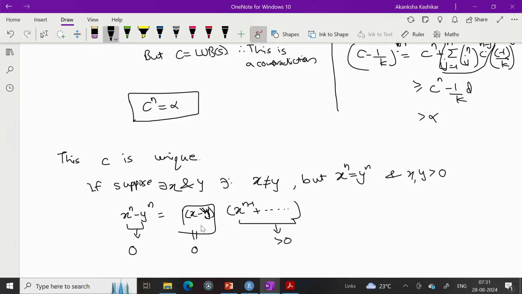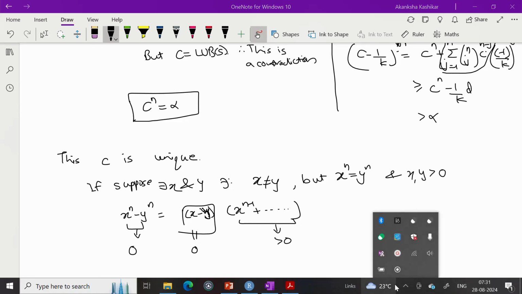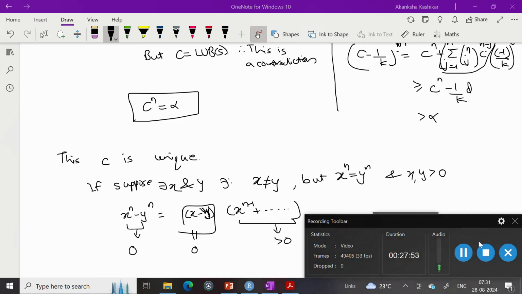And this is 0 because x^n is equal to y^n. So that forces that this must be 0. Otherwise, if this is non-zero, then we are claiming that product of two non-zero numbers is 0, which is impossible. Hence, our c is unique, that is our nth root is unique. So we have proved existence as well as uniqueness of nth root. Let me stop here.